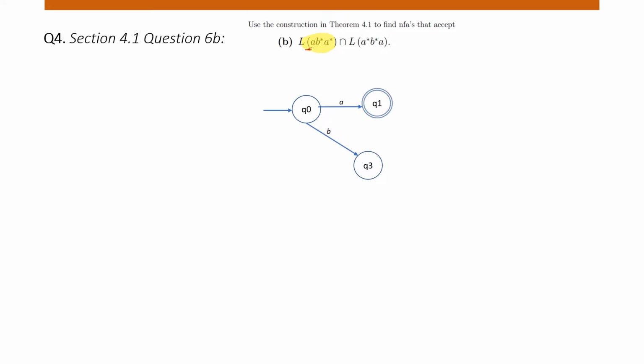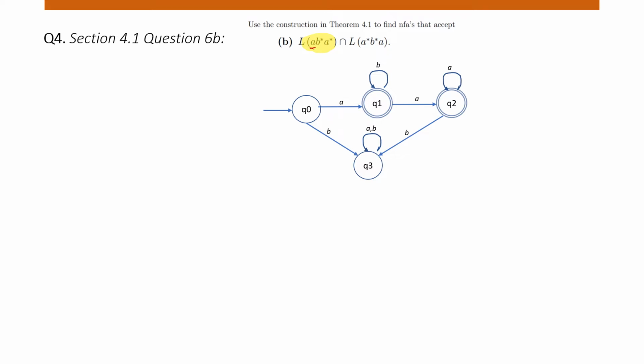If the first symbol in your string is a B, it is not going to be accepting because each string must begin with an A. So you must begin with an A. So then if you have a B, you're going to go to the trap state. Then once you get your A, you can have any number of B's followed by any number of A's. And then if you get a B after that, you would go to the trap state.